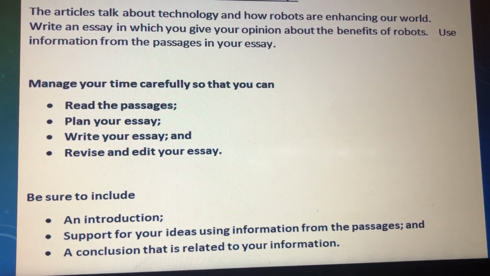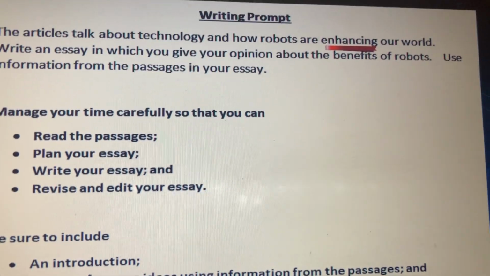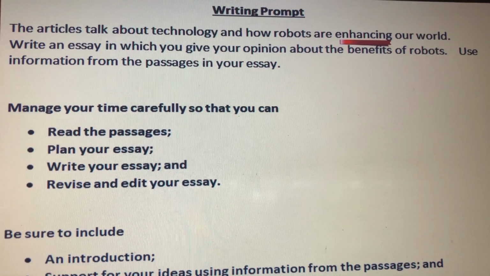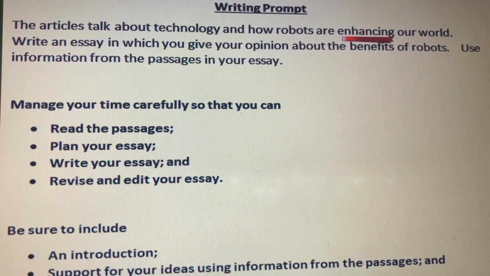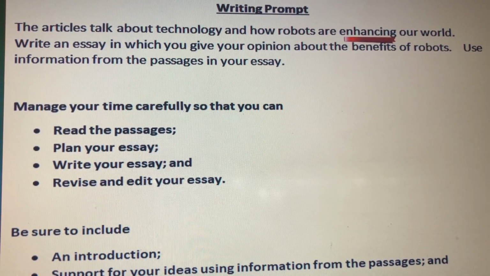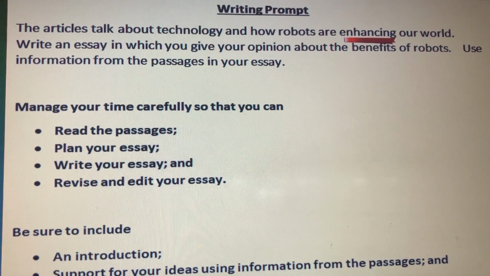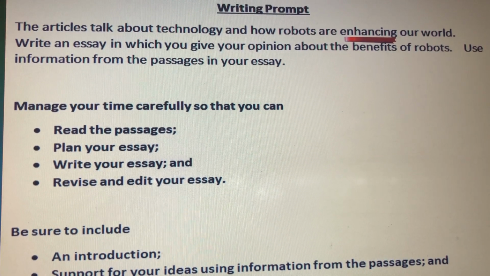Well, the first thing I need to do is look at these two words here. The first word is enhancing. When we're talking about enhancing something, we're talking about how does one thing make something better. So in other words, if we're enhancing our food, that means we're adding seasoning and flavor to make it better. If we're talking about enhancing our writing, we're adding different little techniques to make our writing better.